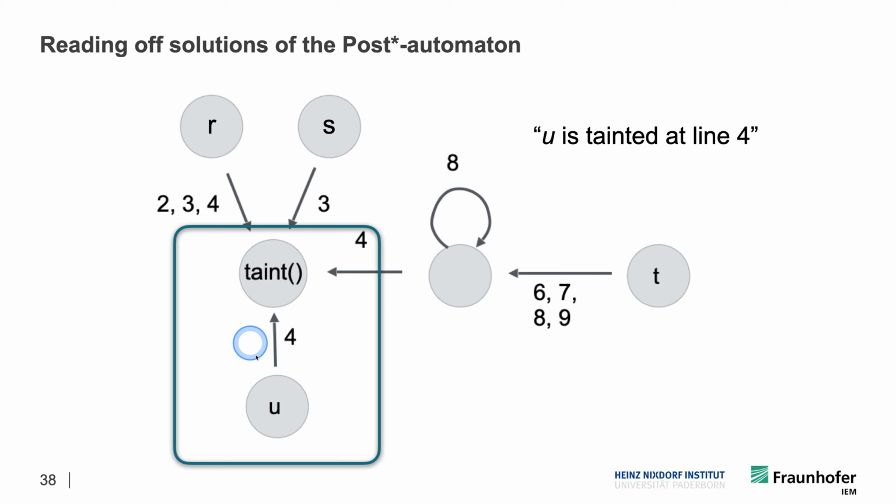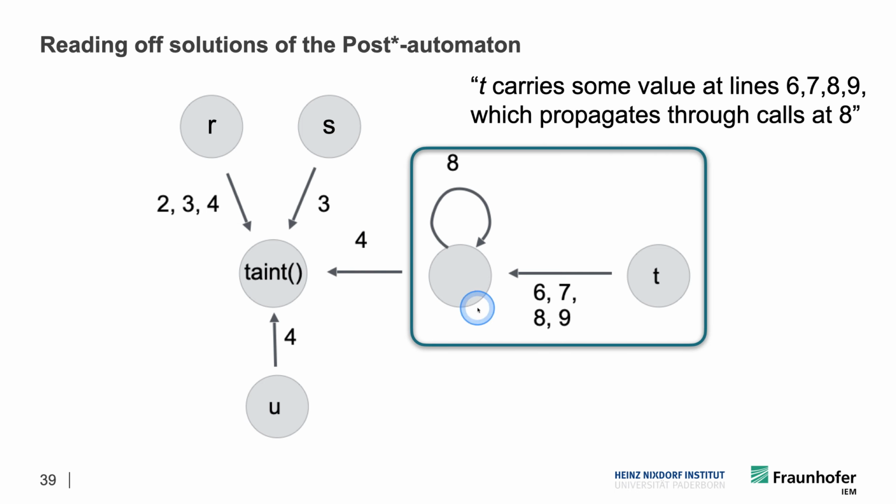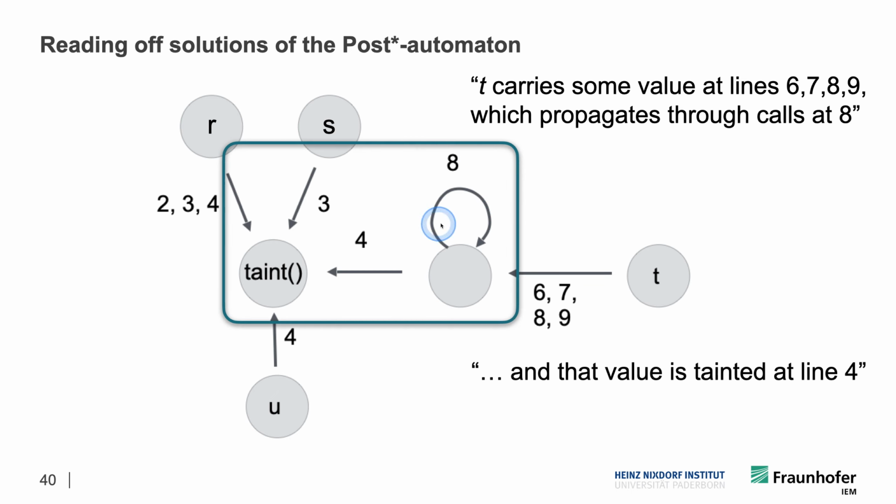This is telling you U is tainted at line 4. And this is basically telling you T carries some value at line 6, 7, 8, and 9, which propagates through recursive calls at line 8. And then in combination with this edge here, you also know that this value is actually tainted at line 4.